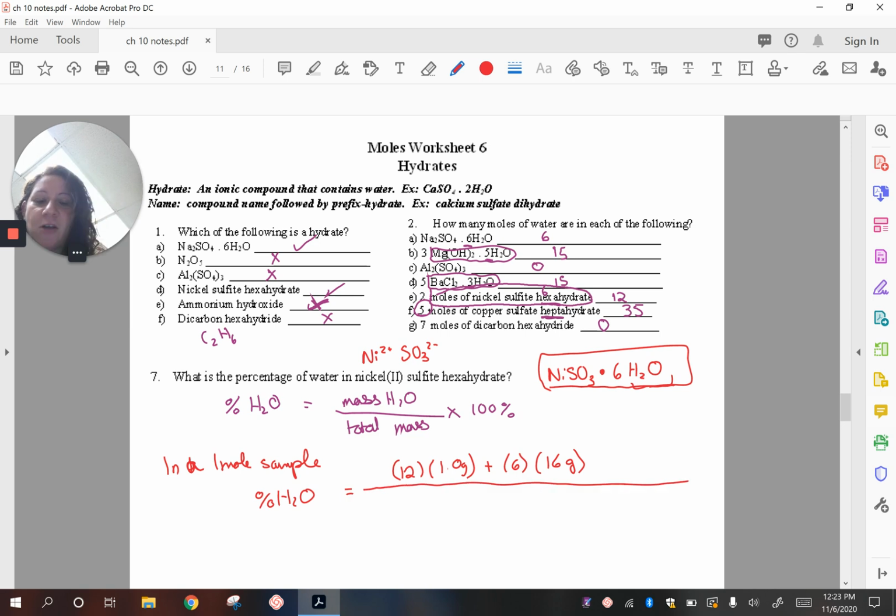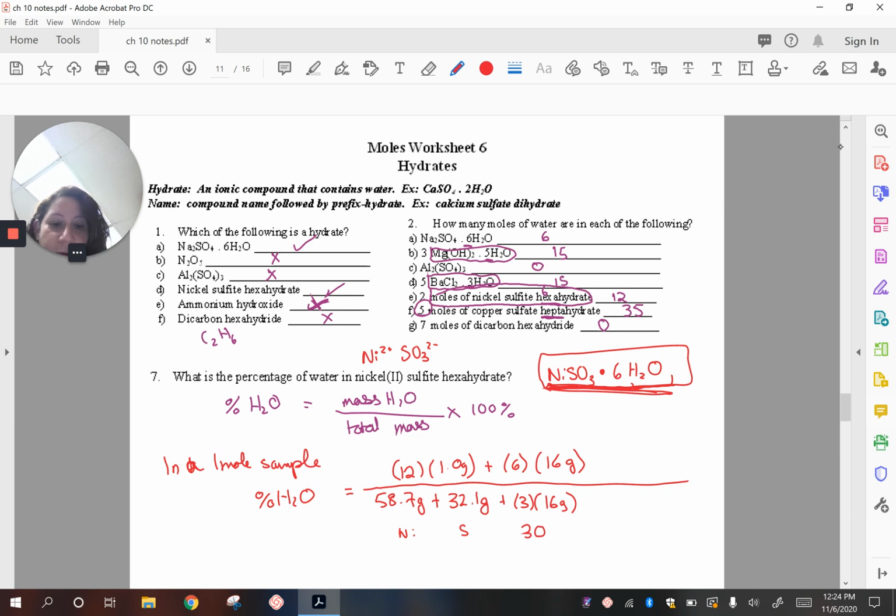That's going to be the mass of our water divided by the total mass. The total mass will be the molar mass of the whole thing. So if you had 1 mole of it, what mass is the whole thing? So we have 1 nickel. Nickel is, I believe, 58.7 grams. We have 1 sulfur, 32.1 grams. So this is the nickel, this is the sulfur. We have 3 oxygens, each are 16.